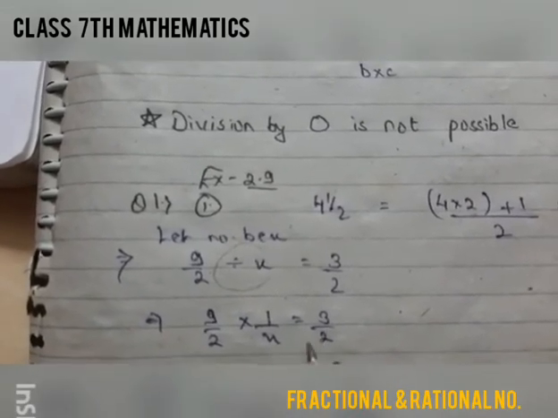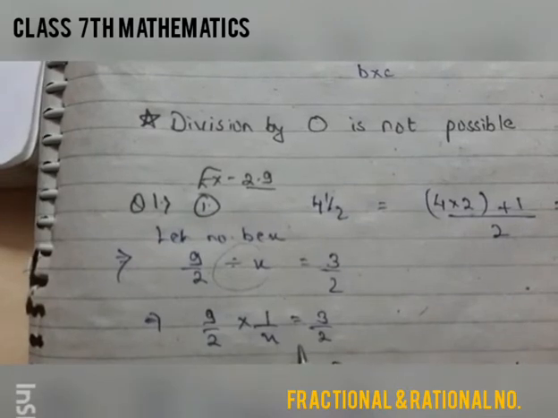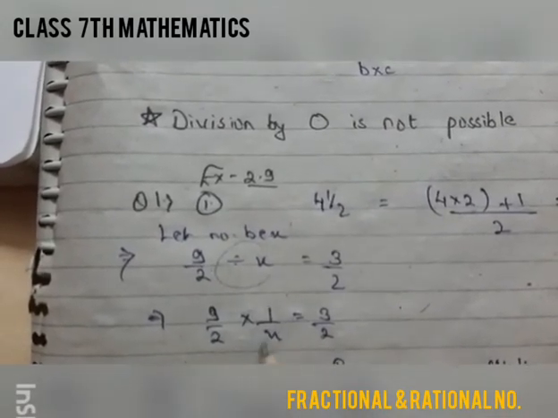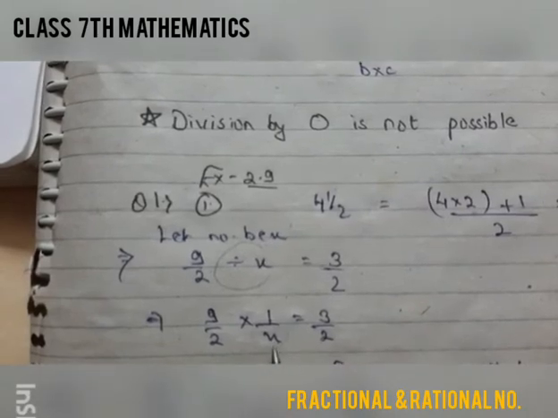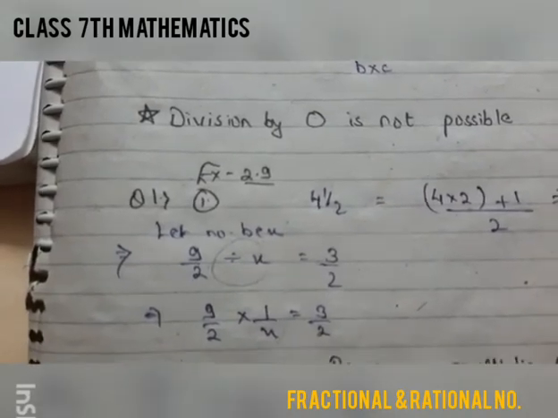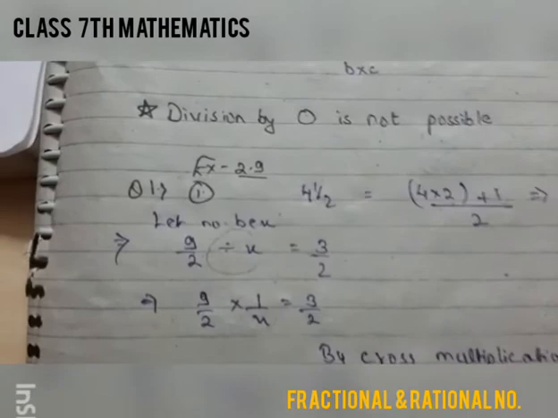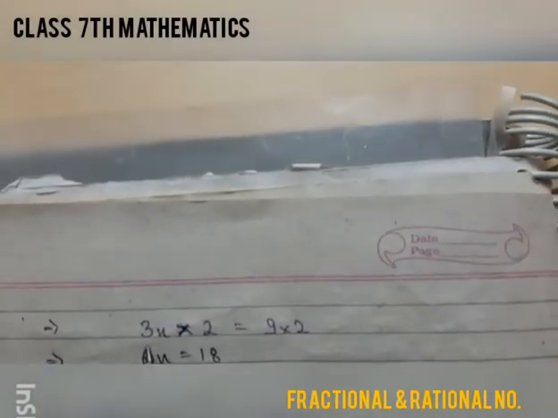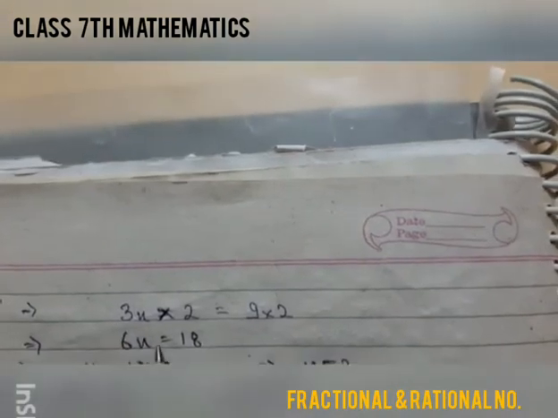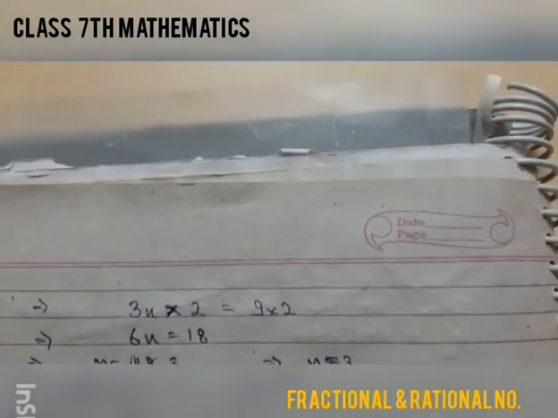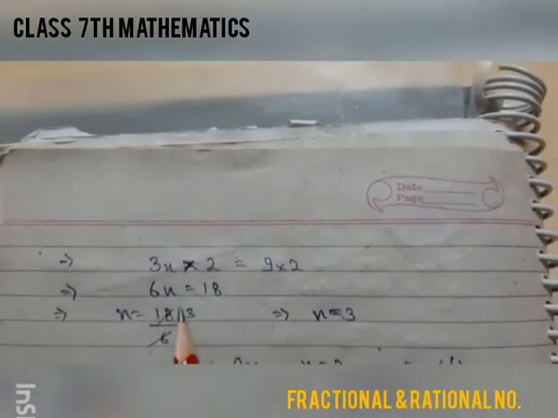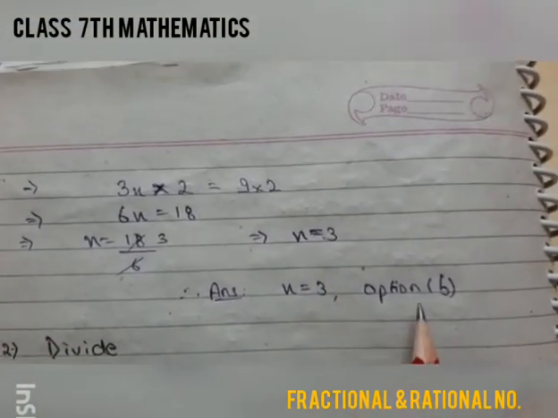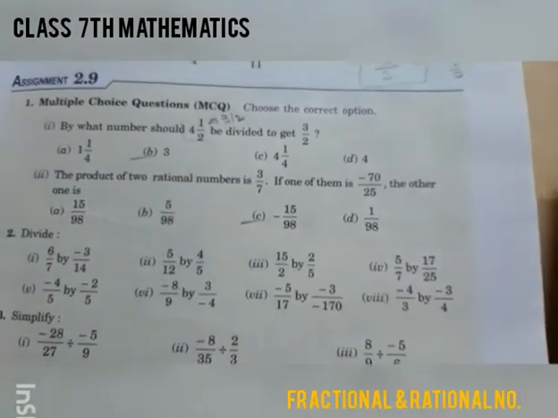That is, we will keep the x on one side and all the other values on the other side, which is known as cross multiplication. That is 3x into 2 equal to 9 into 2. Now 2 into 3 is 6x. 6x is equal to 18. Transfer the terms. So x equal to 18 upon 6. The answer will be 3. That is your option number B.